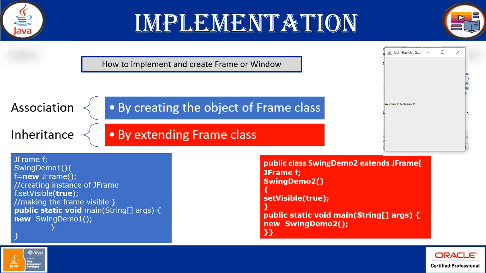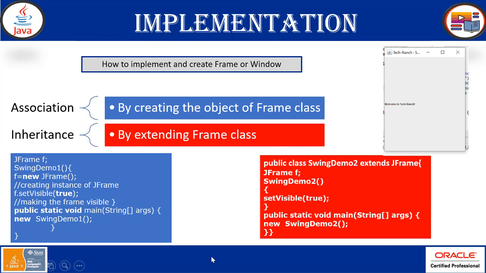So this is how we can create a frame using the association concept. Now, why do we need different ways? It depends on your application requirement. Sometimes you have an application which needs lots of objects, all linked to each other. In that case you can use this type of concept.